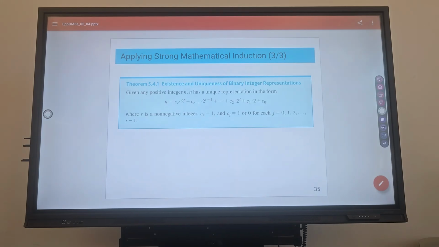Applying strong mathematical induction. Theorem 1, or 541. The existence and uniqueness of binary integer representation.